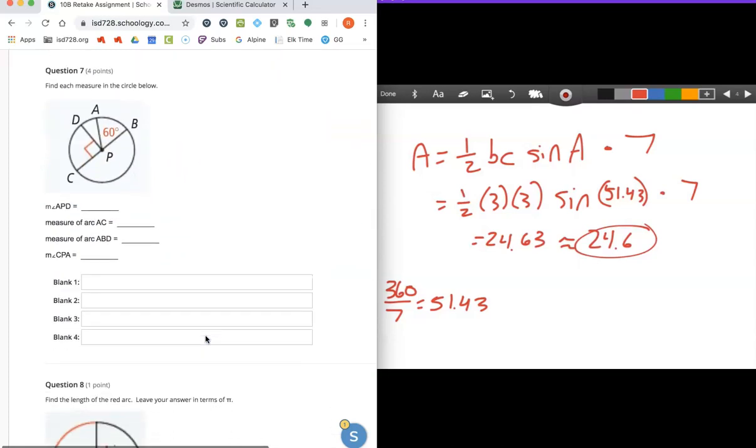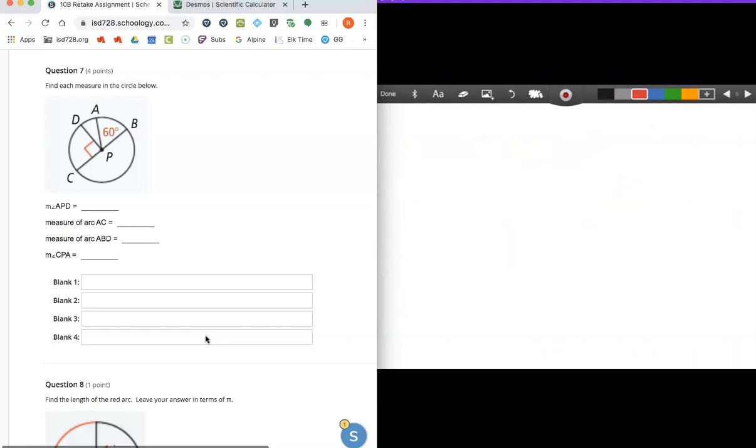All right, so let's change the topic here. Now we have find each measure in the circle below. Well, measure of APD, that would be this distance, A to P to D, so they want this angle right here. Remember, anything that goes through the center cuts the circle into 180 degrees and 180 degrees.